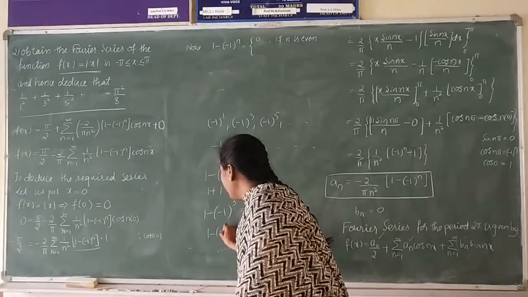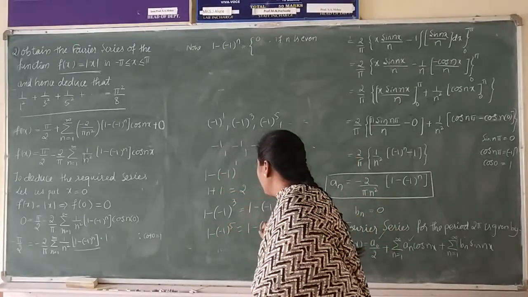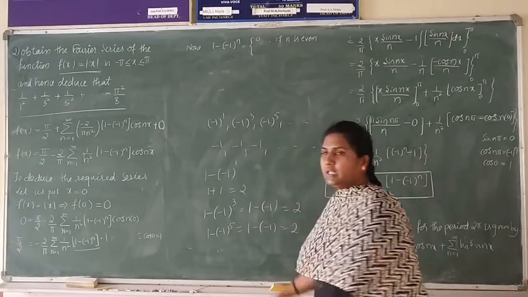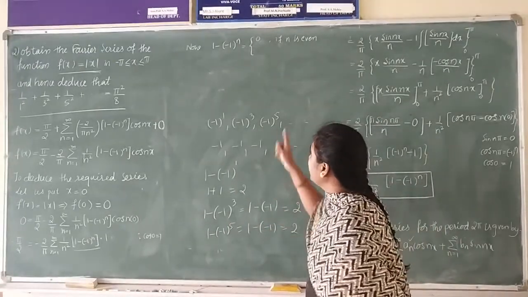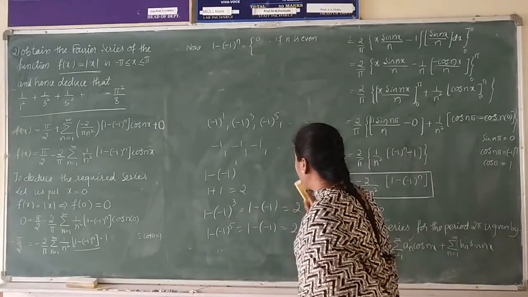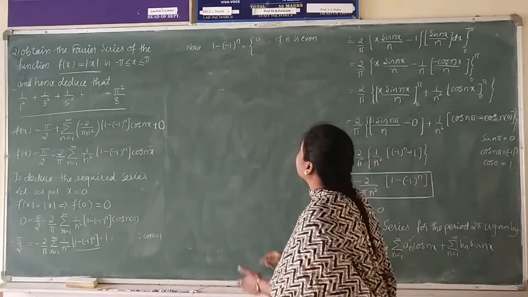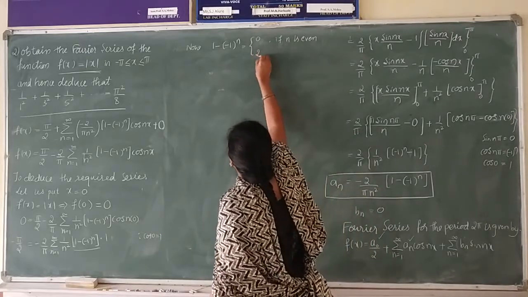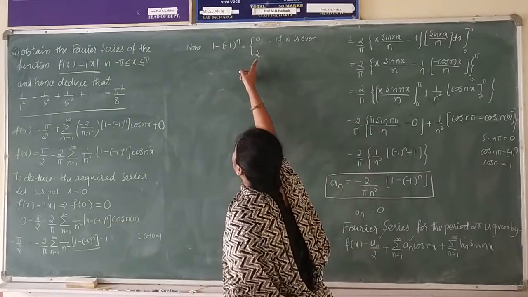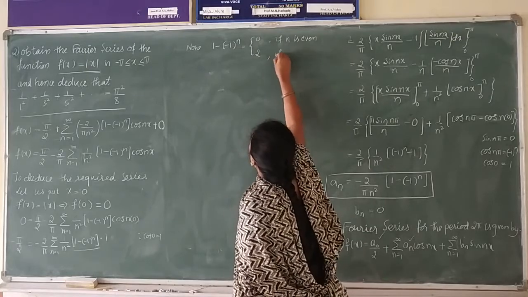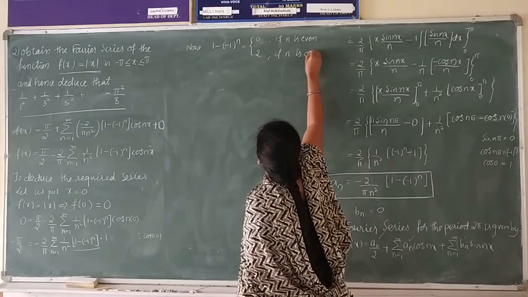Similarly, 1 minus of minus 1 raised to 5 is also 1 minus of minus 1, which is equal to 2. That means if n is odd, we get the value 2. If n is even, the value is 0. Here the value of 1 minus of minus 1 raised to n is 2 if n is odd.